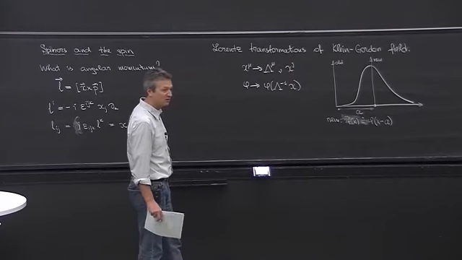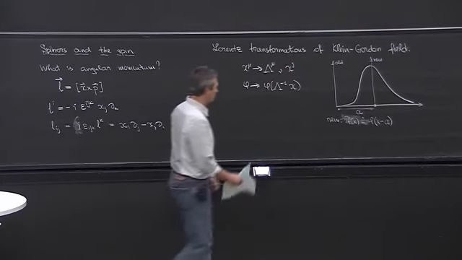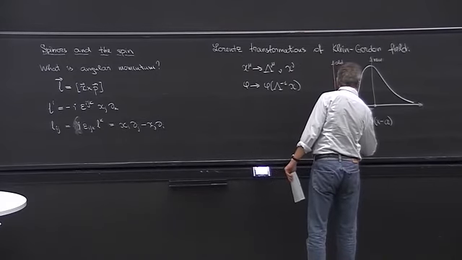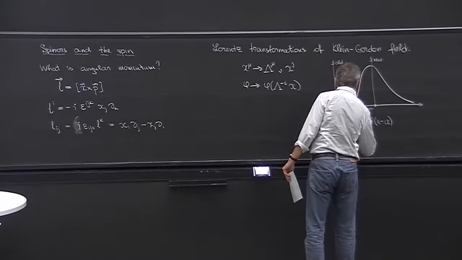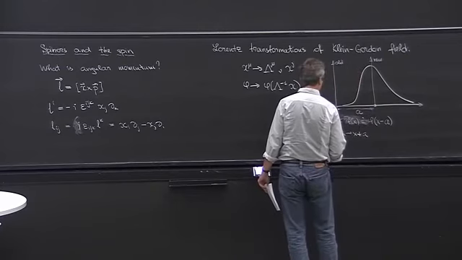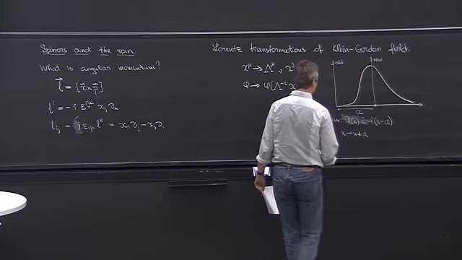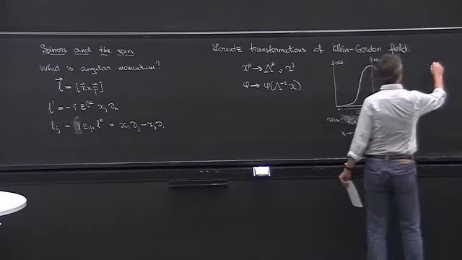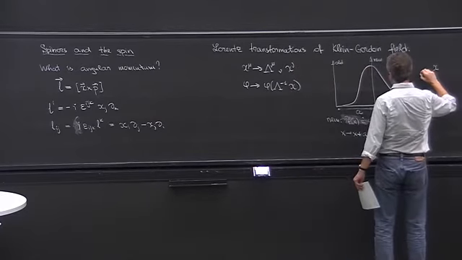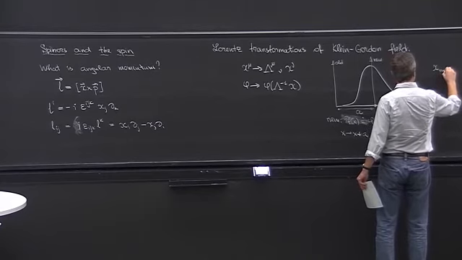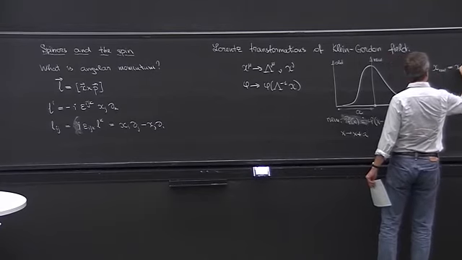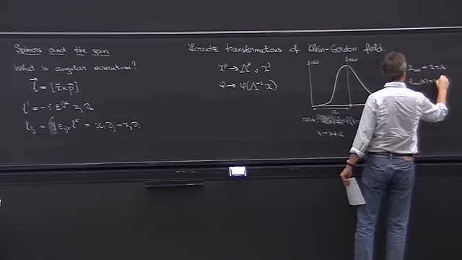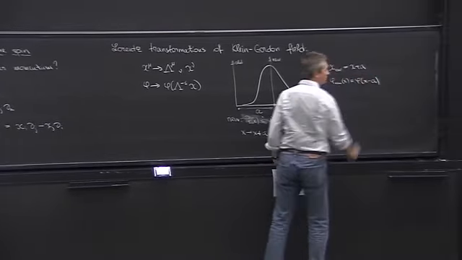Sorry? No, so if you transform x, the phi at 0 should be phi of x minus a. Shift it to the right. So the claim is that if x prime is x plus a, phi prime of x is phi of x minus a.